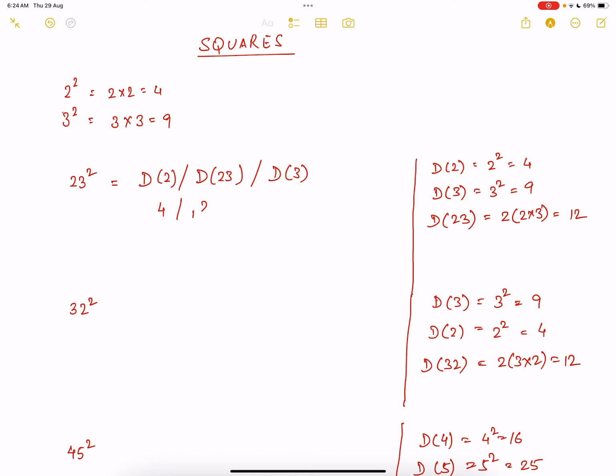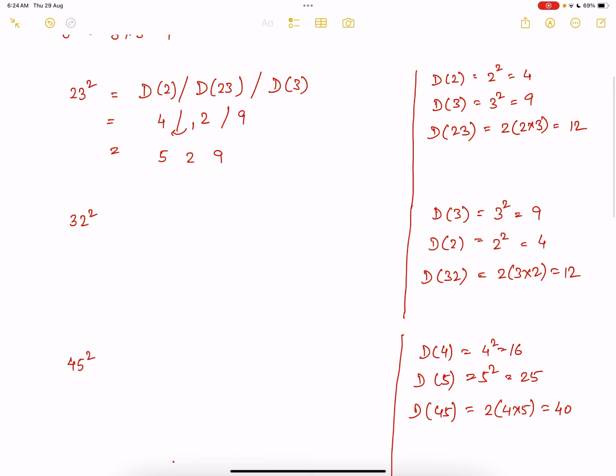So 12 we write almost like a carryover. So this 1 is small and 2 is the actual digit, because this, you remember, is a three-digit number, and D3 is 9. So this 1 gets carried over. So this becomes 5, 2, 9. So 23 square is 529.